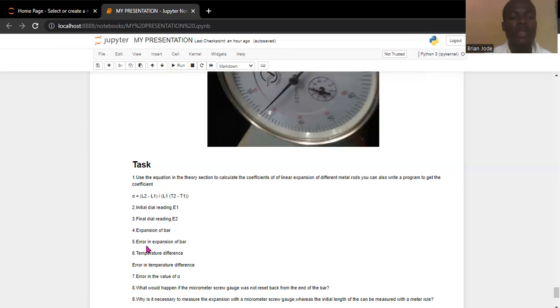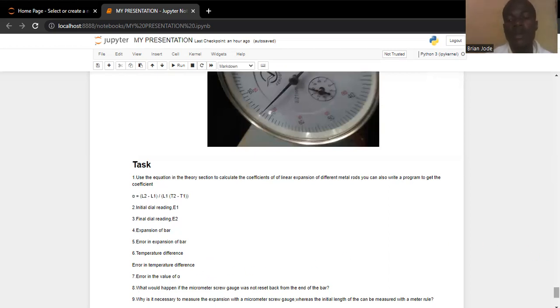And of course, we shall also get the error in expansion of the bar. The temperature difference, if you have the final temperature and initial temperature, will be the final temperature minus the initial temperature. And of course, we can also get the error in the temperature difference and the error in the value of the coefficient of linear expansion alpha. And what would happen if the micrometer screw gauge was not reset back from the end of the bar?